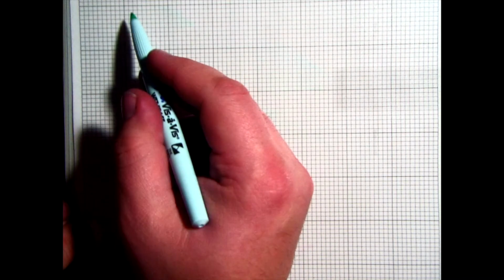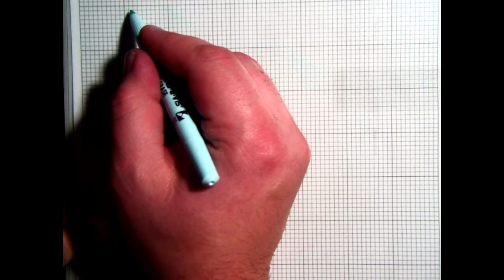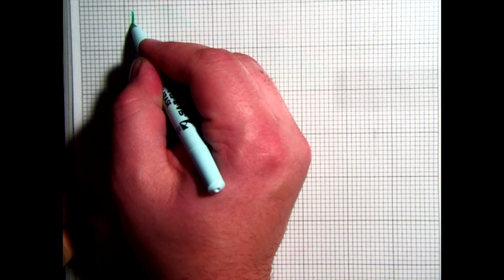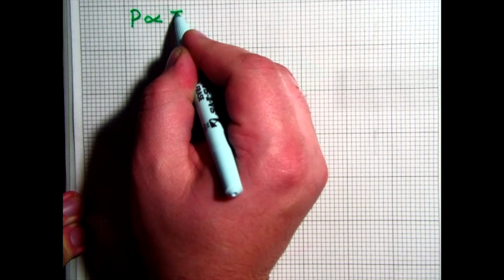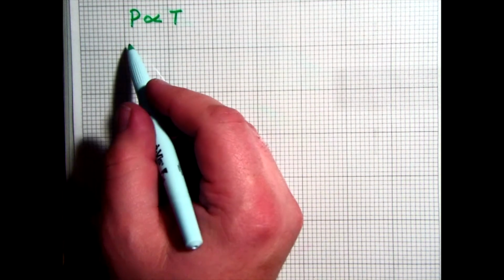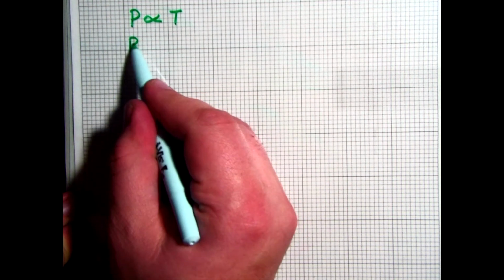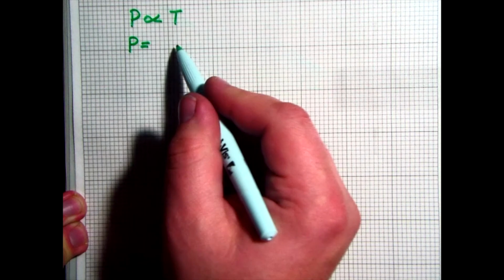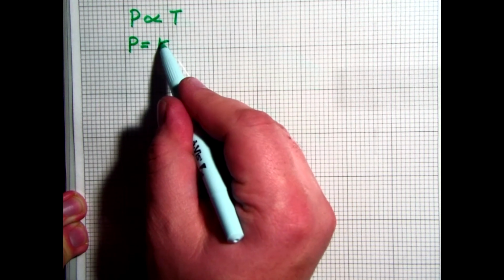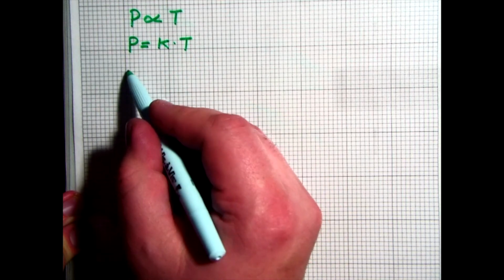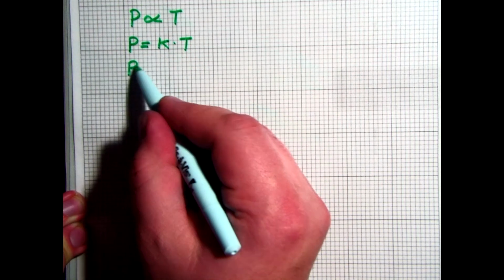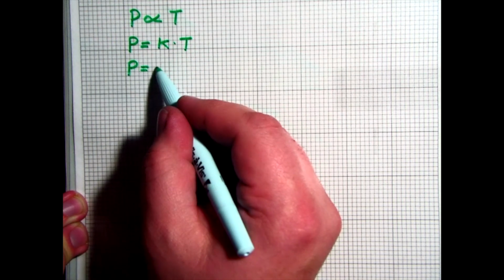Since the increments of the two temperature scales, Celsius and Kelvin, are the same, and the only difference is the starting point, we can take this one step further and say that pressure is directly proportional to temperature, measured in Kelvin, or that pressure equals the temperature in Kelvin times some constant k of proportionality.